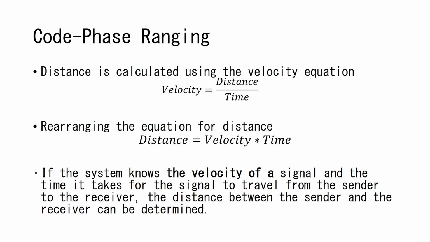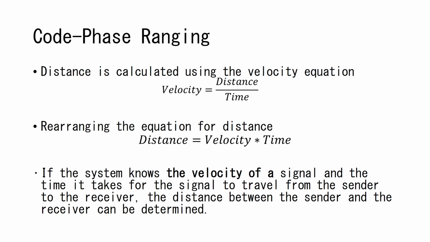We know velocity is distance divided by time, and to calculate distance, which is our unknown, we need to have time and velocity. Time, something we just calculated, or I showed you how your receiver is calculating by finding that phase shift distance or that time offset between the signal that's received and the signal that's replaying in its own database.